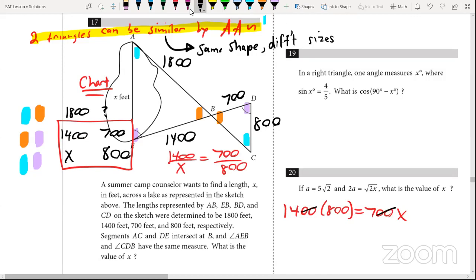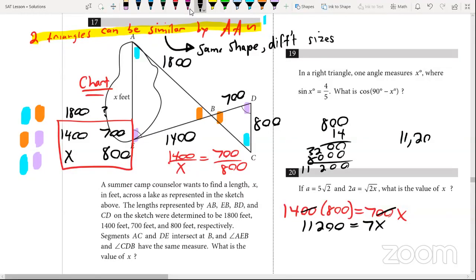So now we have 800 times 14, and that gives us 11,200 equals 7X. And now we're dividing both sides by 7.